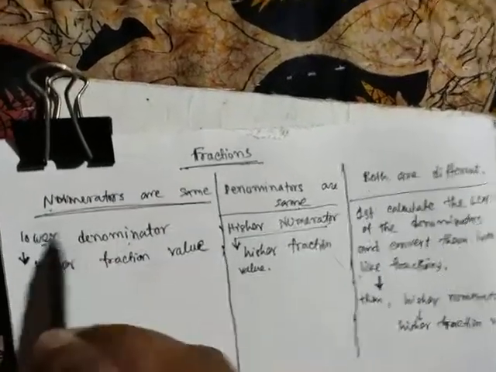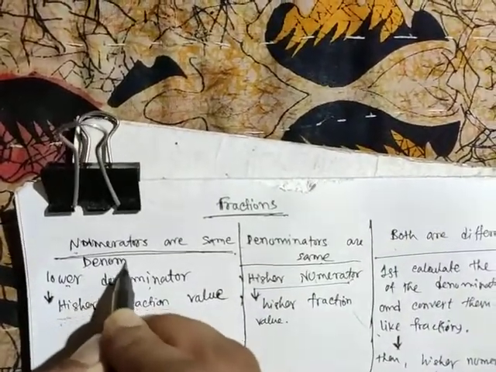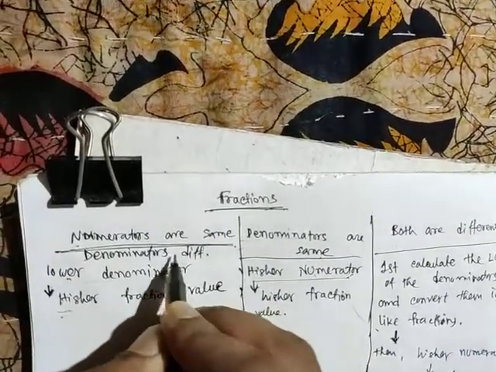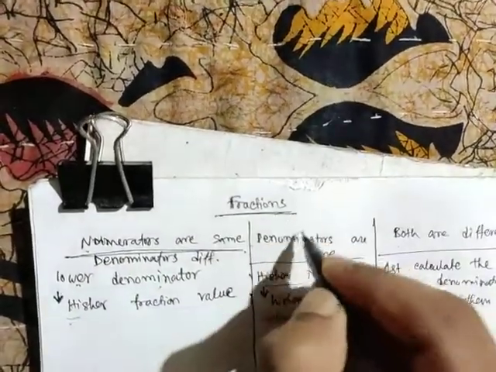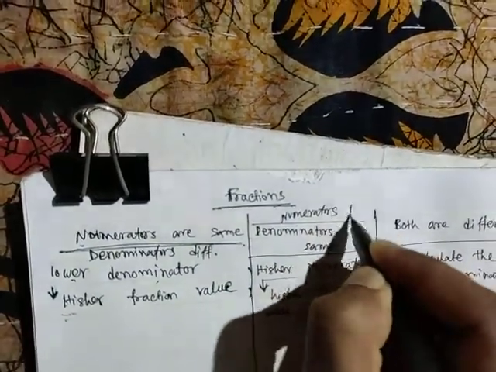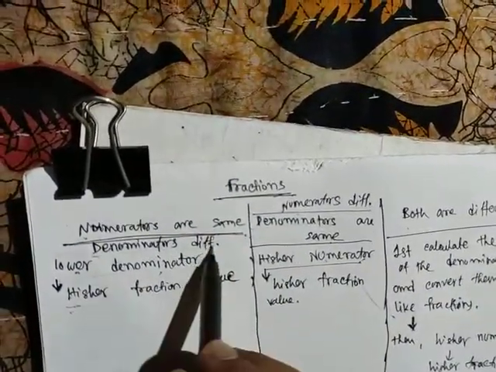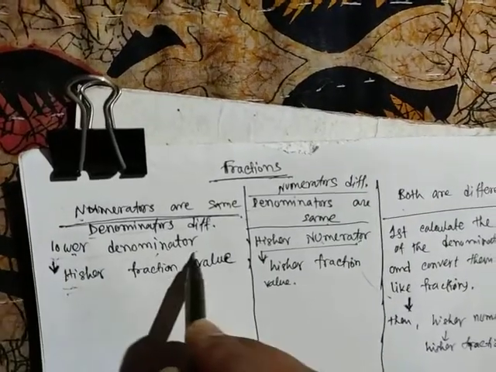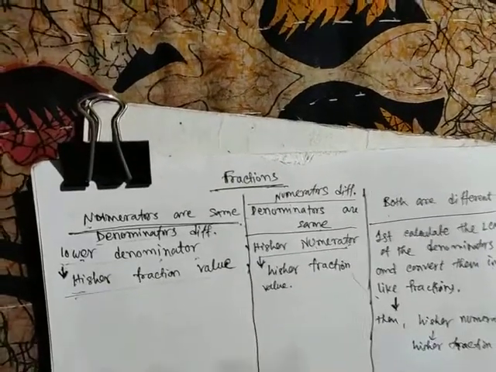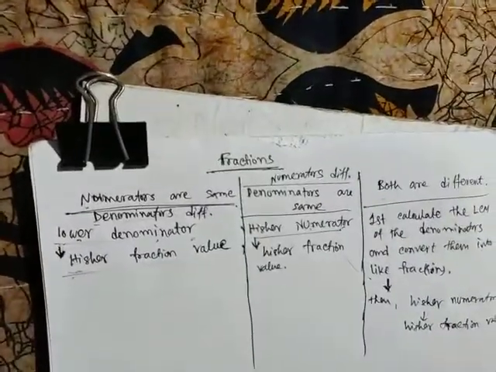I am repeating once. When numerators are the same but denominators different, the fraction having the lower denominator has the higher value, and obviously the reverse, higher denominator means lower fraction value.